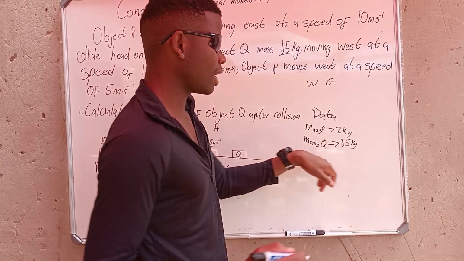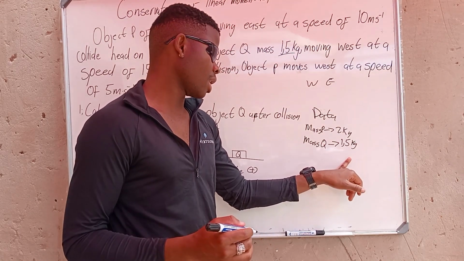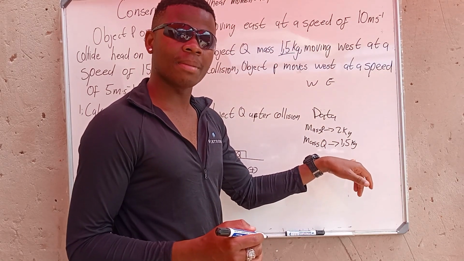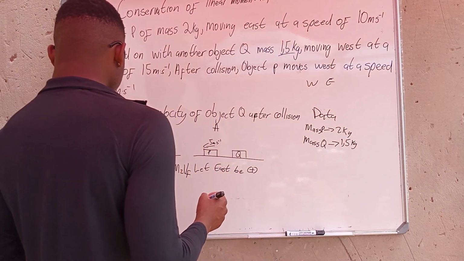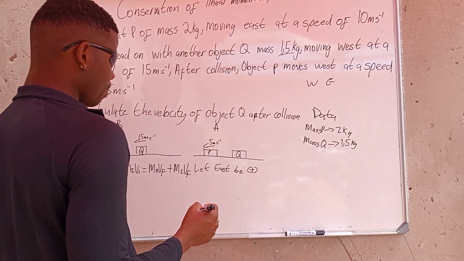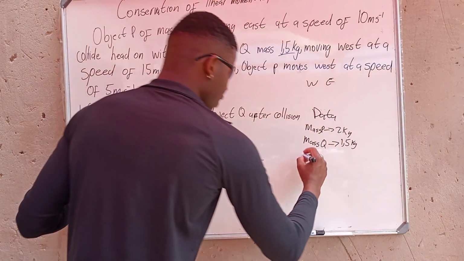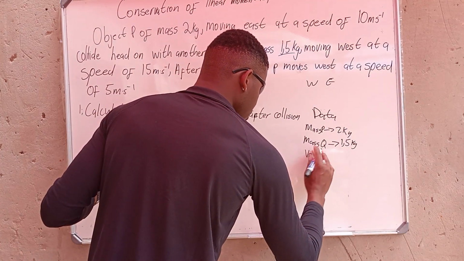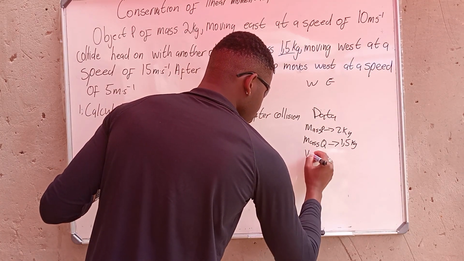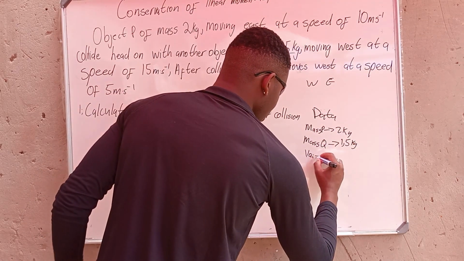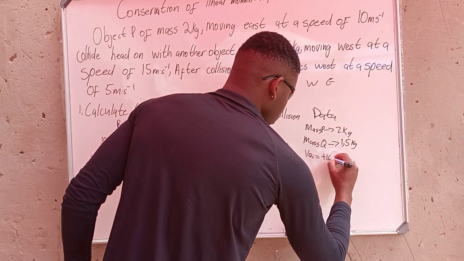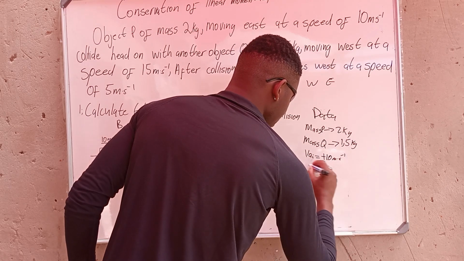From our example, we can see that our masses are in the right SI unit. Then the initial velocity of P is moving eastward, which means we'll have a positive 10 meters per second.